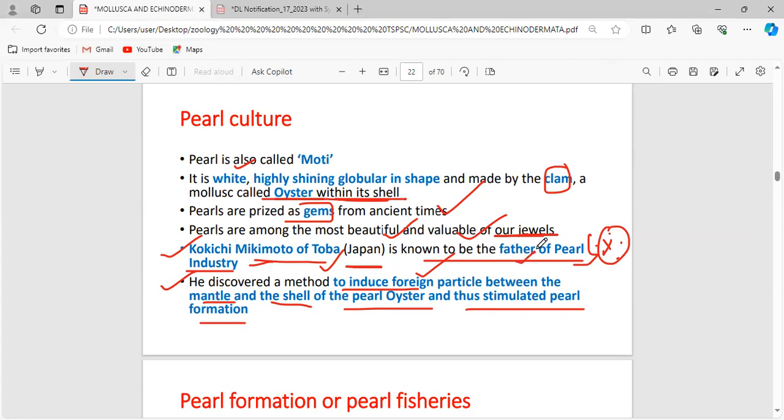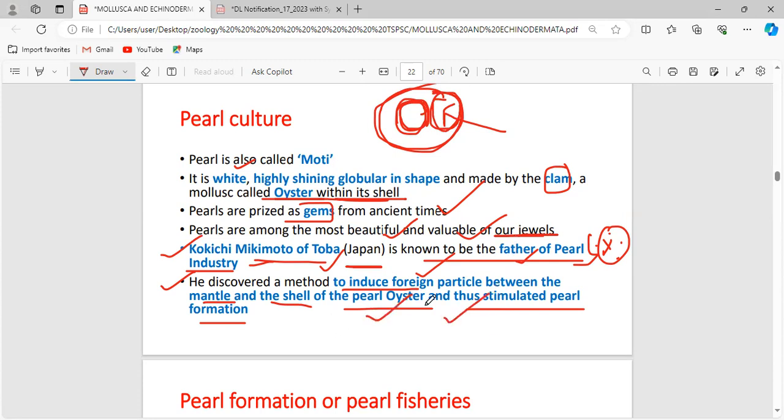See, he is called the father of the pearl industry because he discovered that if we introduce some foreign particle between the mantle and the shell, consider this as a shell and consider this as a mantle, definitely this will induce the formation of pearl.